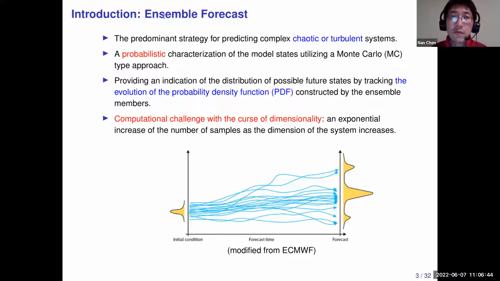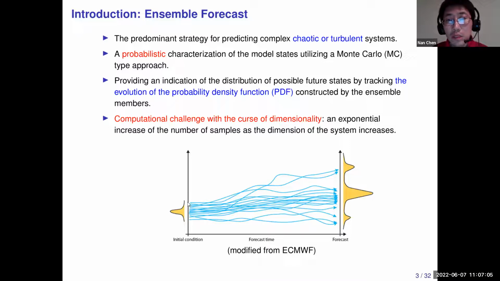And for this ensemble forecast, it is the most widely used method for predicting chaotic or turbulent systems. The basic idea is very simple. It is a probabilistic description of the model state using a straightforward Monte Carlo simulation.